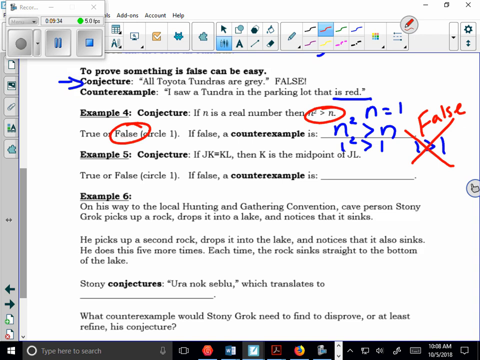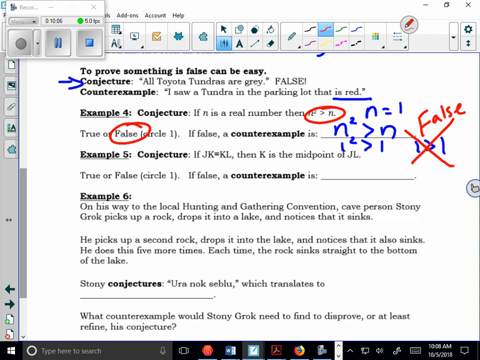The next example says if JK equals KL, then K is the midpoint of JL, true or false. Now this one's a little bit trickier because we have to think in terms of shapes and where JK and KL can fall, because it doesn't really tell me what JL is. It doesn't tell me if it's a line segment, it doesn't tell me if it's a ray, it does not tell me anything. All it says is JK is equal to KL, and I'm looking at JL.